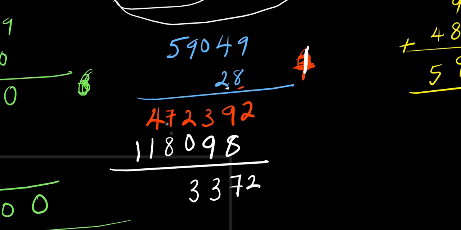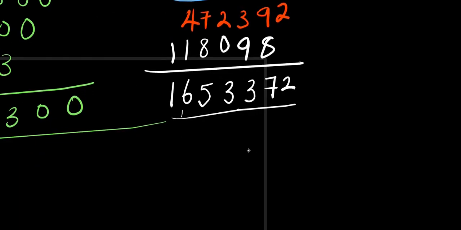That is 3. 7 plus 8, that's 15. 5 and carry over 1 up here. That is 5 plus 1, that is 6. And this is 1. So we have 1,653,372.